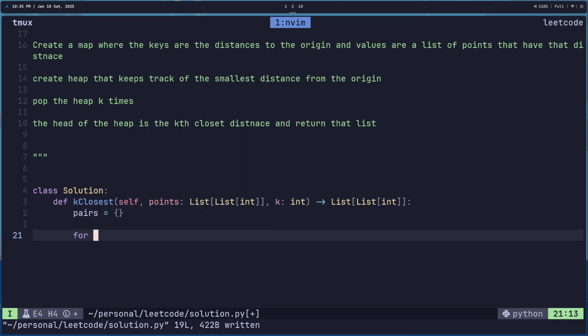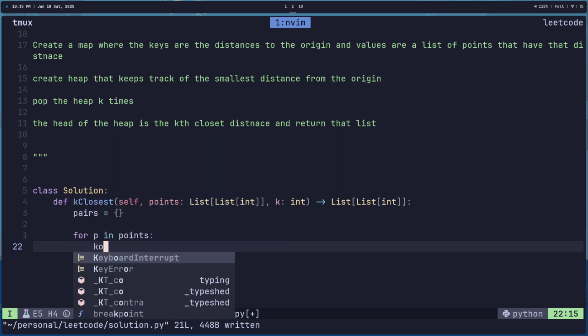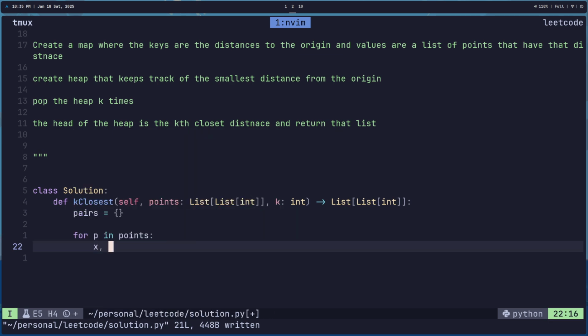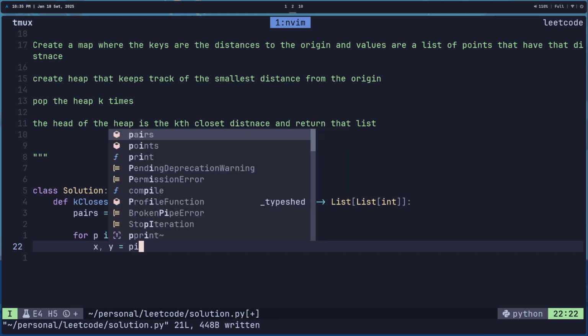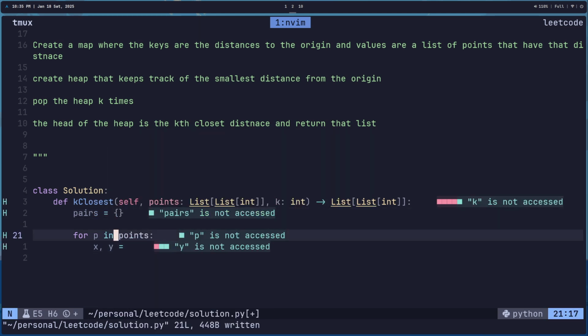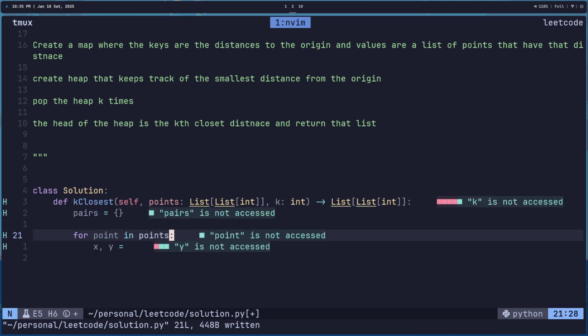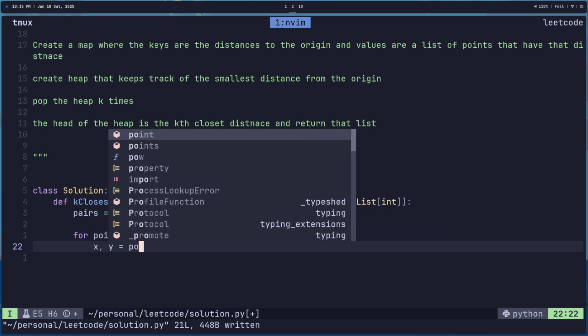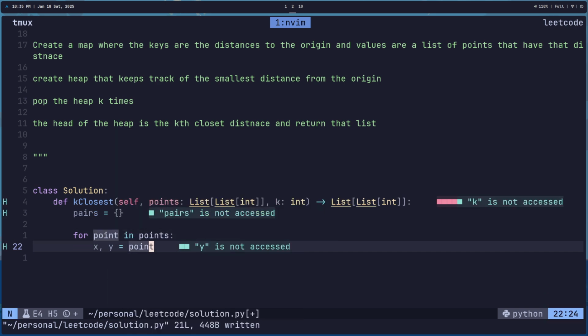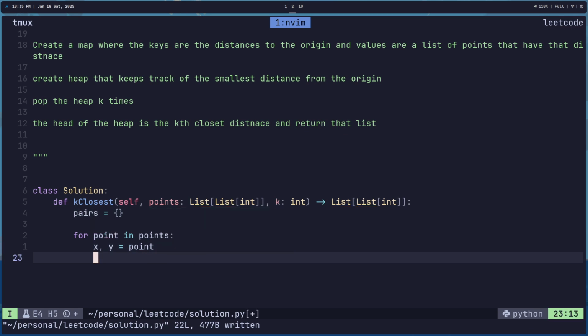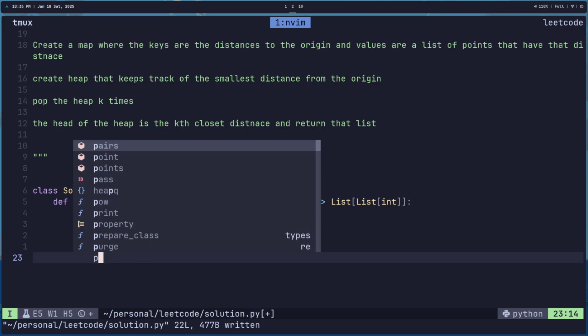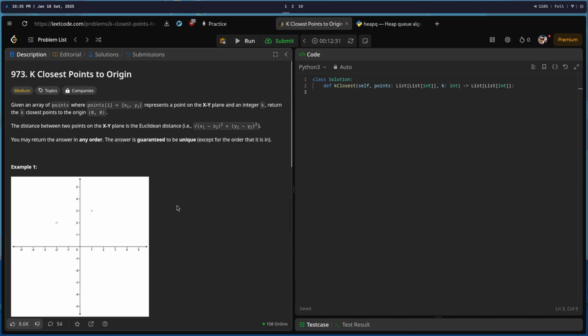And then for every p in points, x, y, let's say points, point, pairs. Well, let's calculate the formula.